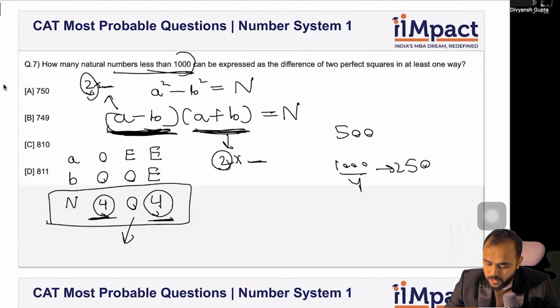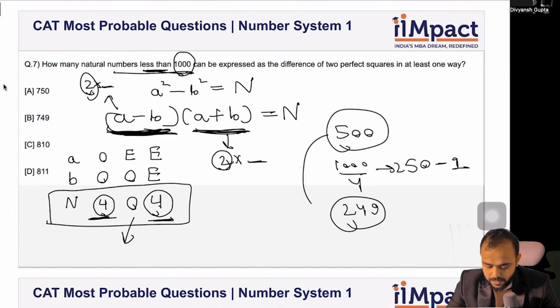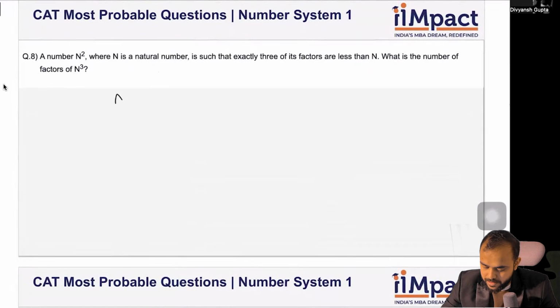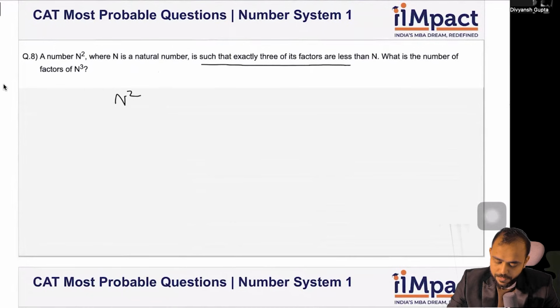However, 1000 is not included because you have less than. So you will do 1 minus 1 here. You will exclude 1000 from your answer. So that will become 249. So the answer for this will become 749, or option B.